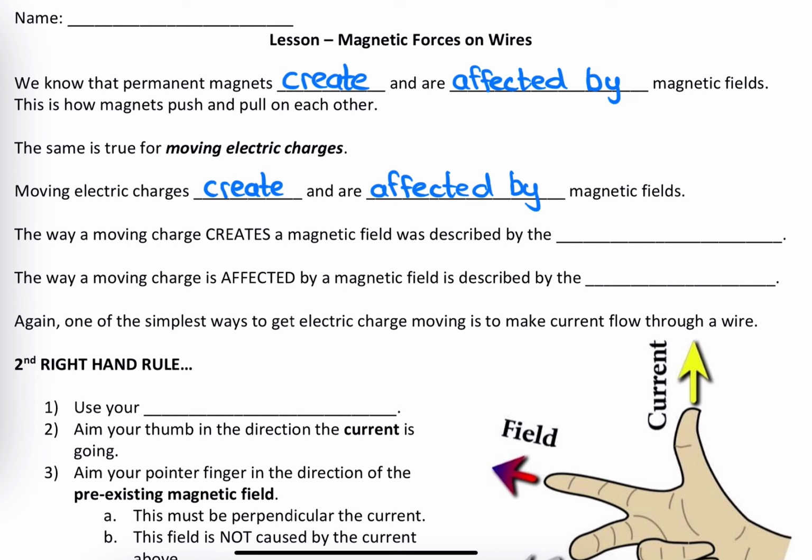Now, to help us visualize and understand how this creation of magnetic fields and being affected by magnetic fields works, we've got a couple of mnemonics. The way a moving charge creates a magnetic field, we studied that already, and that was described by the first right-hand rule.